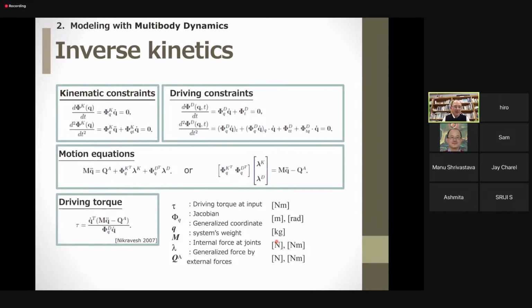More seriously, what kind of torque is necessary for some specific action. This is a kind of estimation of the force and the torque to generate some specific action. That's really necessary for any robotics.